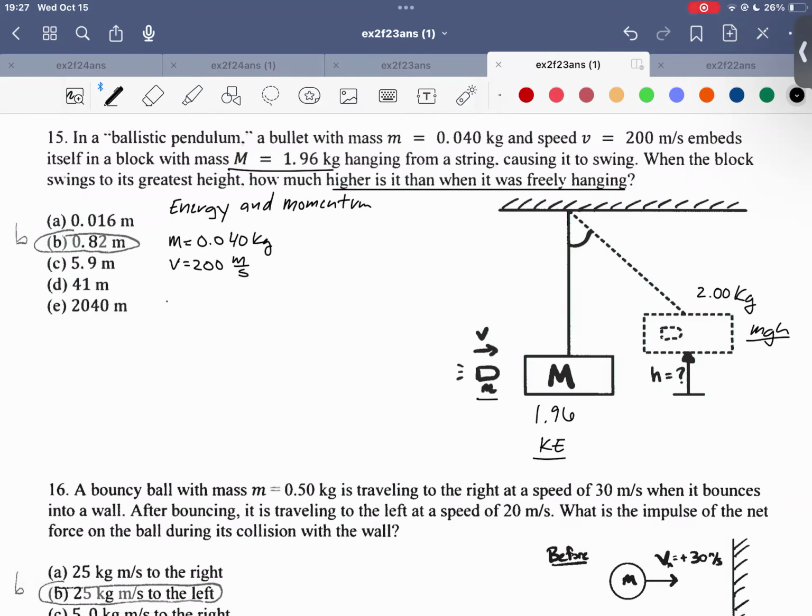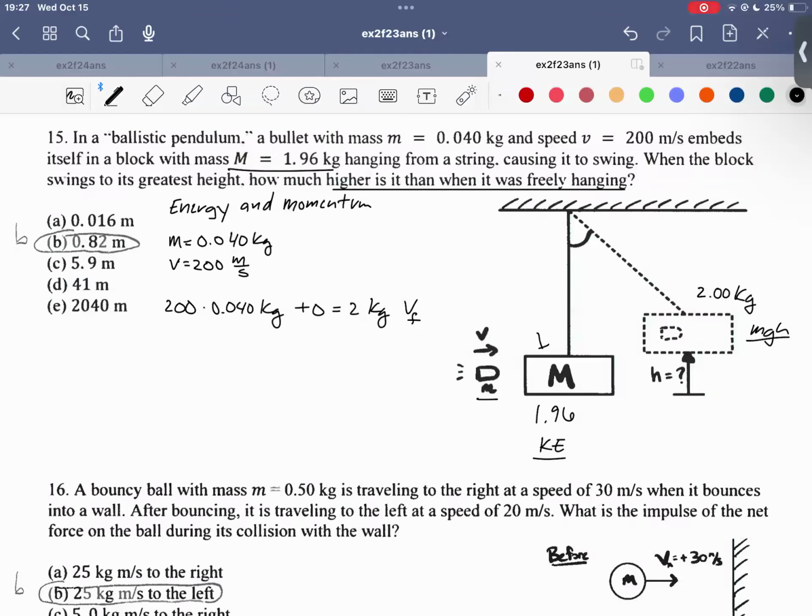So we say 200 times 0.040 kg plus this 0 from here, and this is 2 kg times velocity, unknown.